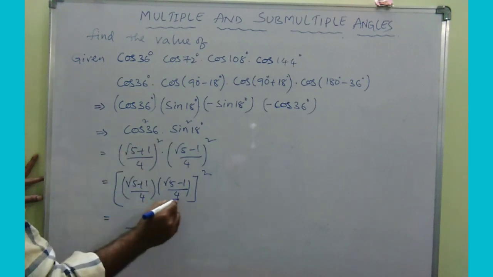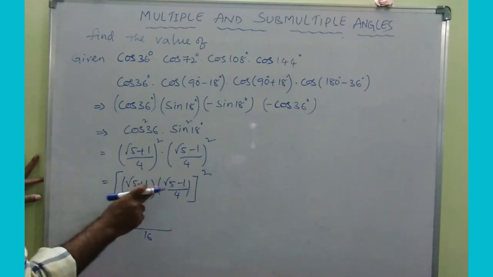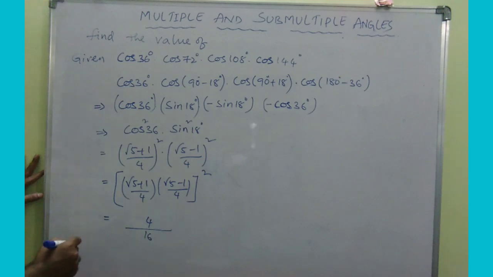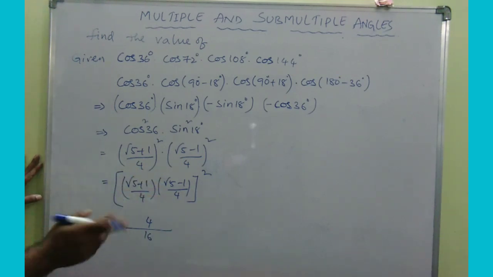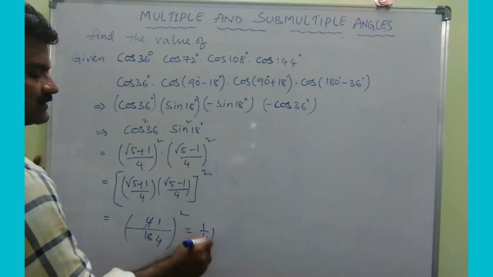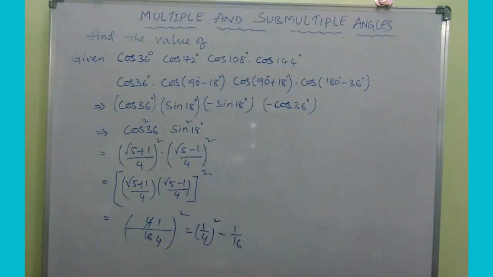Now the denominator is 4 into 4, which is 16, and the numerator is like (a plus b) into (a minus b), which is a square minus b square. Root 5 whole square is 5, minus 1, which is 4. So 4 by 16, and whole square. 4 by 16 is nothing but 1 by 4. So 1 by 4 whole square, which is equals to 1 by 16.